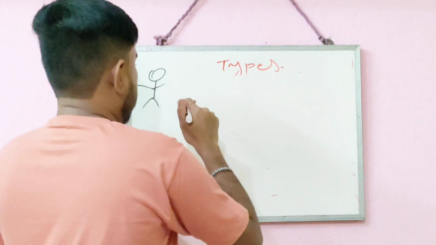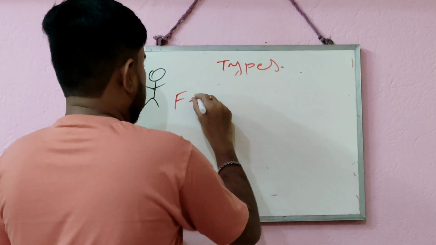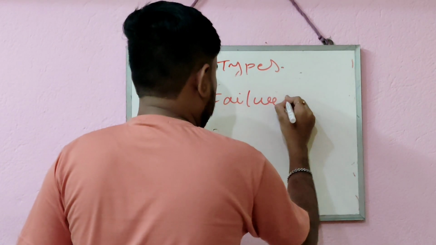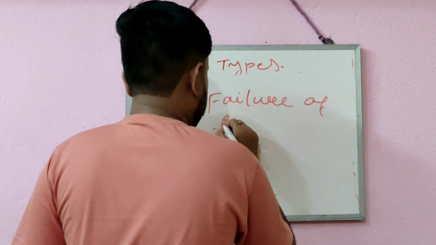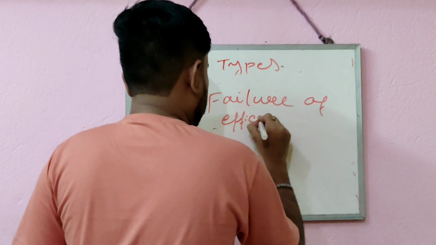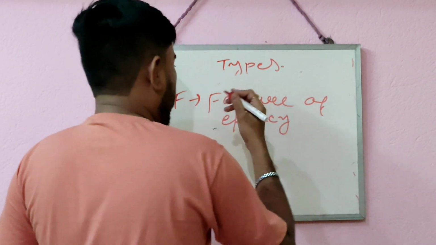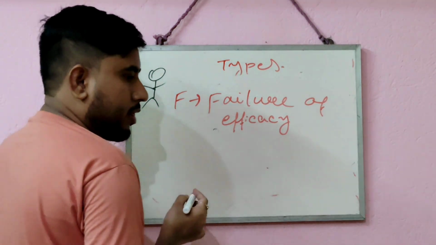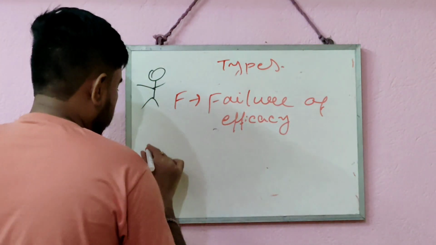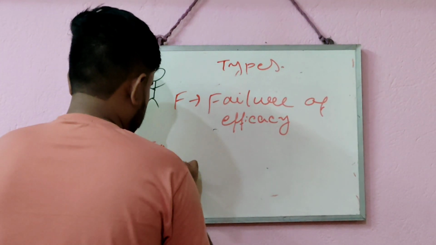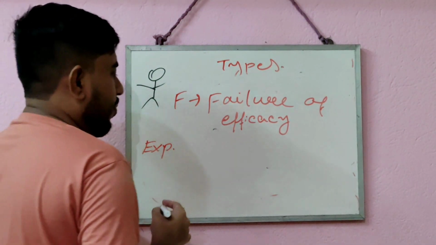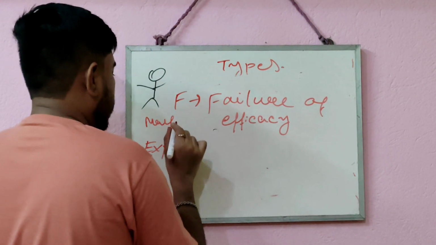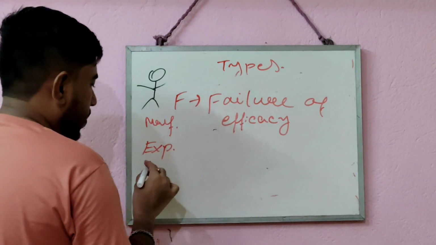The last type of adverse drug reaction is F, that is failure of efficacy. When I discussed different reasons of adverse drug reaction, one reason I told you was expired drug. Every drug has a manufacturing date and an expiry date.